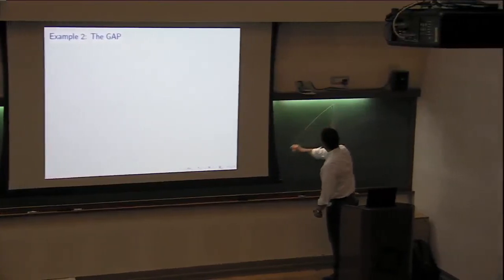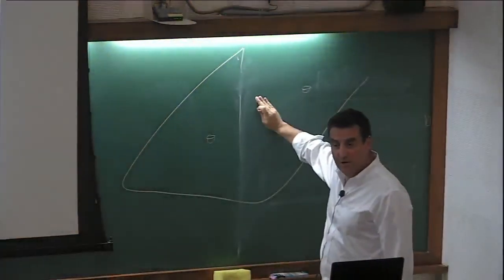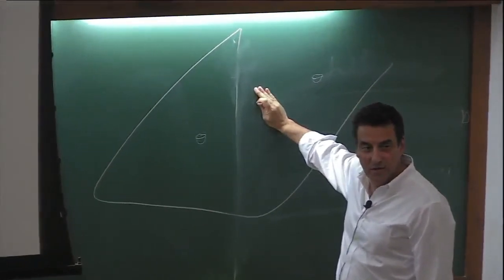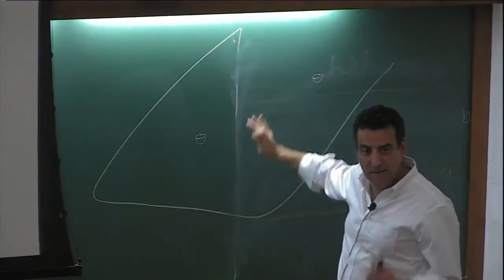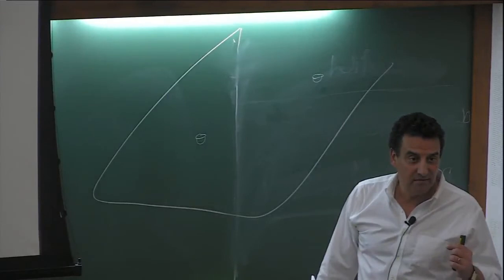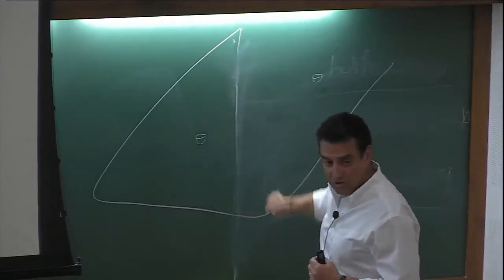This is the sphere in very high dimension. These are the two hemispheres, and this is the equator. Okay, that's how you should think. The hemispheres have very small mass, and the equator is very large.